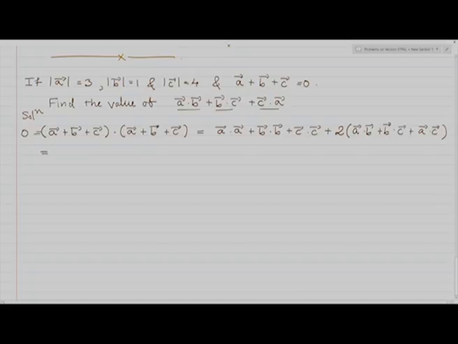Yes, I know A bar dot A bar is nothing but magnitude of A bar squared plus magnitude of B bar squared plus magnitude of C bar squared plus 2 times all these terms as it is.